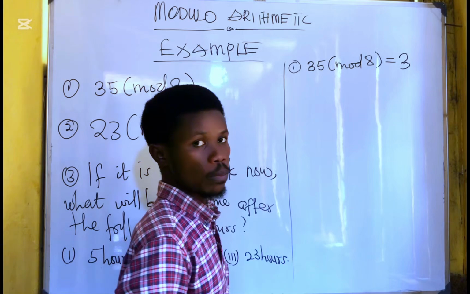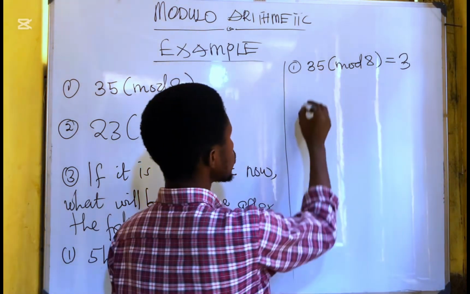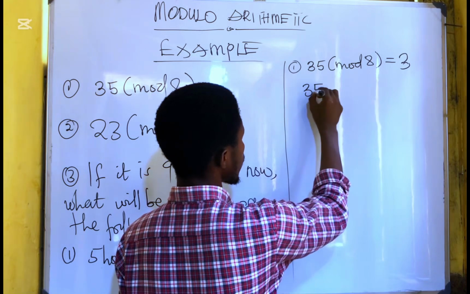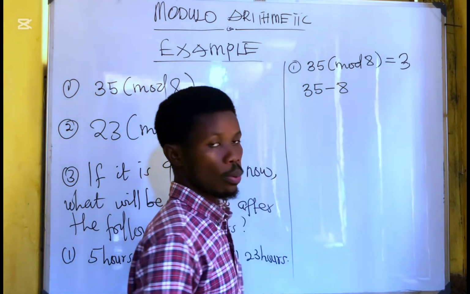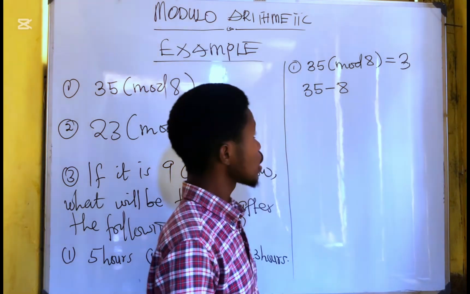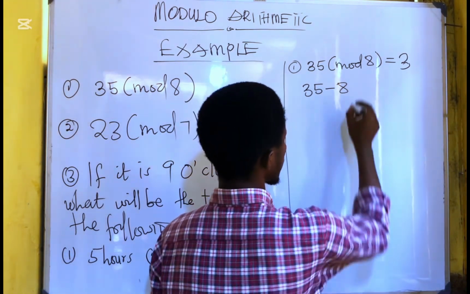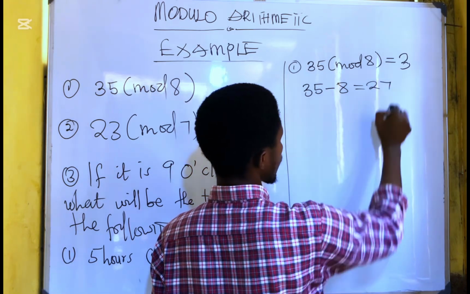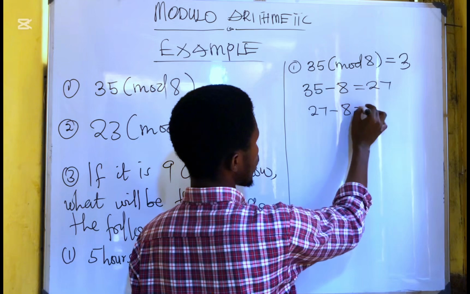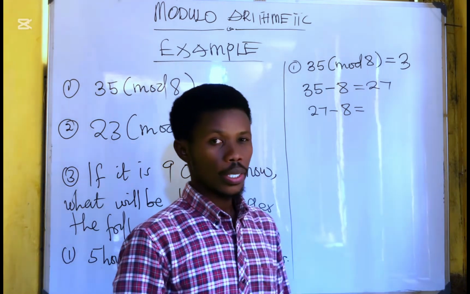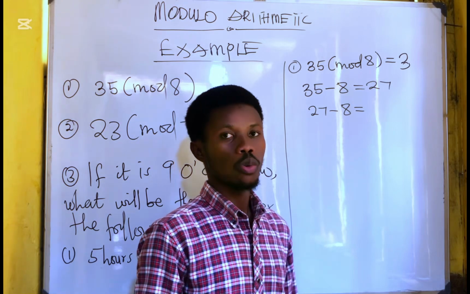Is that okay? If this is difficult for you to do, then what you're going to do is pick 35 minus 8. Then you subtract 8 from 35. You get 27. Then 27 minus 8 again. So you keep on subtracting till you get a number that is less than the mod in question, in this case mod 8.